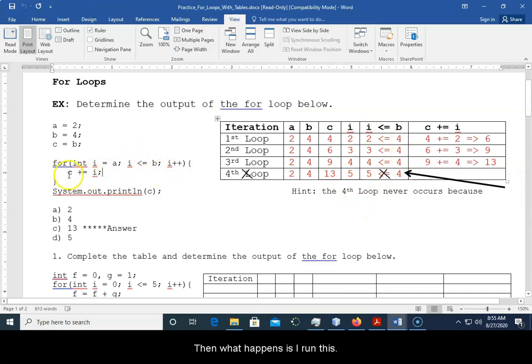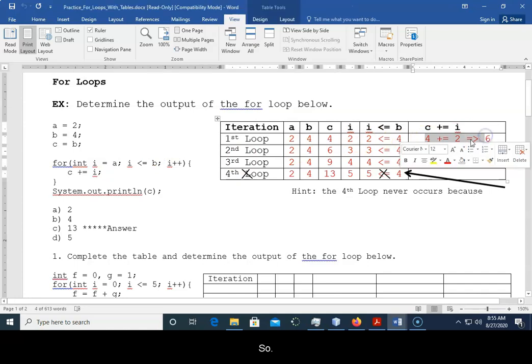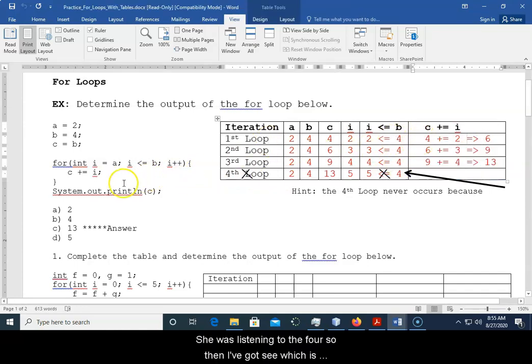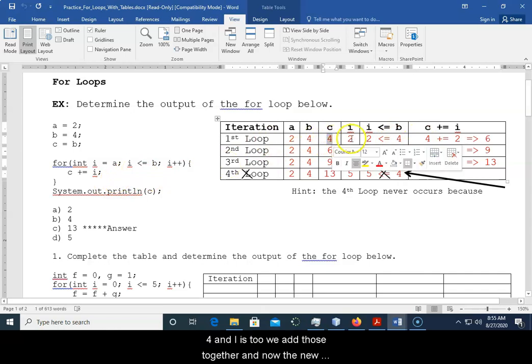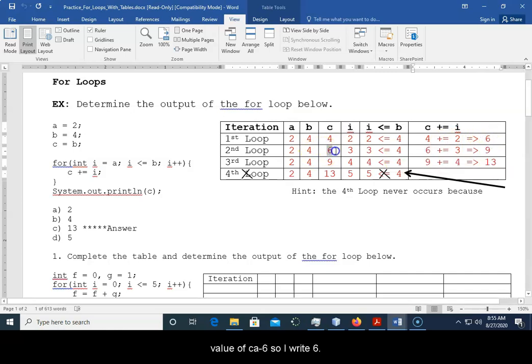Then what happens is I run this, so I run that. So 2 is less than or equal to 4, so then I've got C, which is 4, and I is 2. We add those together, and now the new value of C is 6, so I write 6 here.